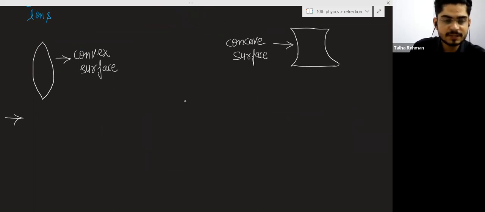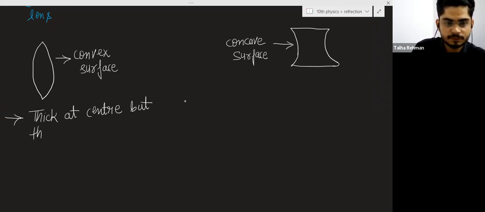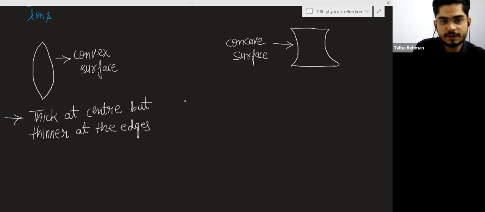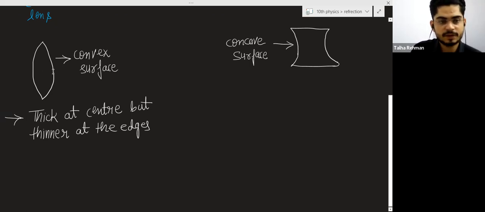So the convex lens is thick at the center but thinner at the edges. See, this is thicker at the center and thinner at the edges.